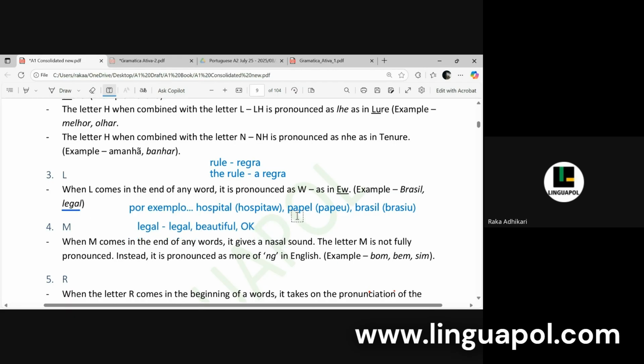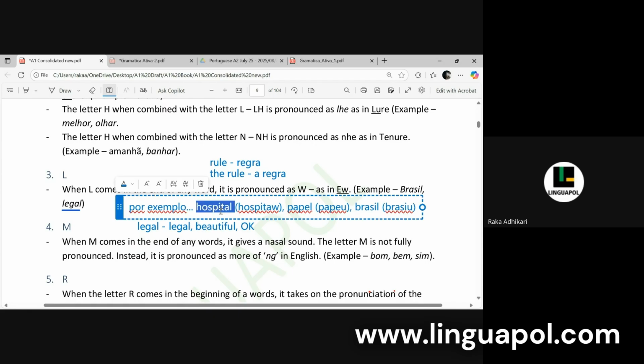Now this rule that we are doing right now, please remember that this is only exclusively for Brazilian Portuguese. Because in European, if we have the letter L at the end of the word, then it will be pronounced as a L. So all these words, let's see how we pronounce them differently in European and in Brazilian. In Brazilian, this word will be called hospital, but in European, it will be called hospital. Próximo, next.